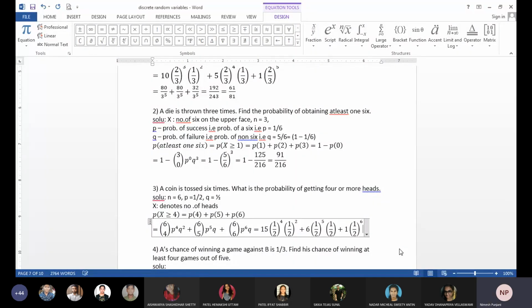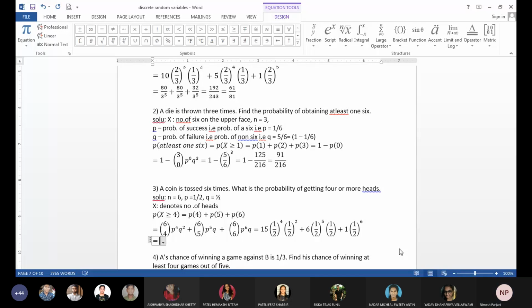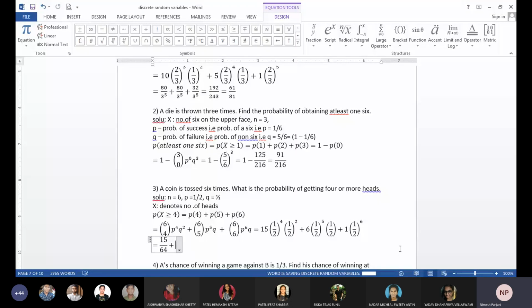So this will give you how much? 15 divided by 2 raised to 6, correct? That is 64. Half raised to 4 is 1 upon 2 raised to 4. Half squared is 1 upon 2 squared. So that turns out to 2 raised to 6 in the denominator.